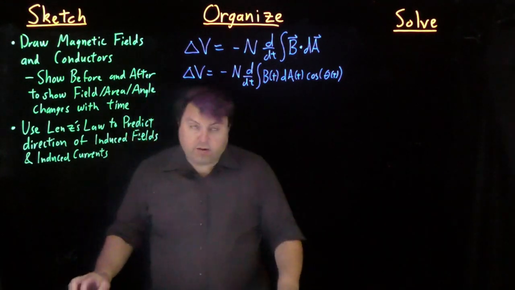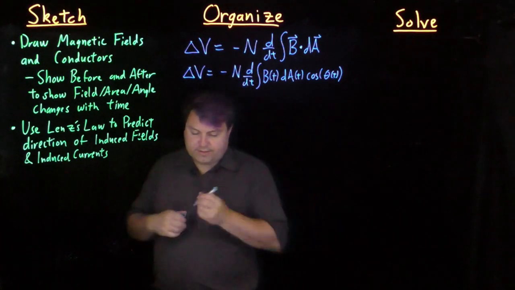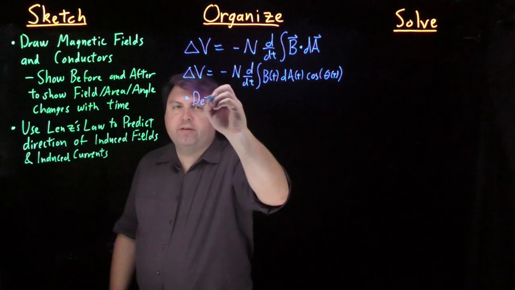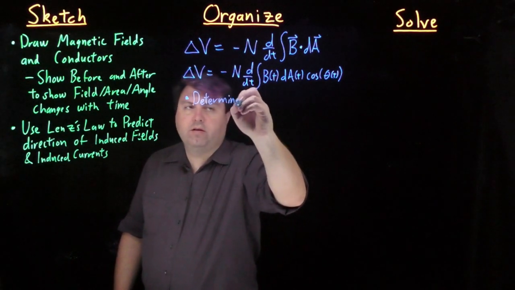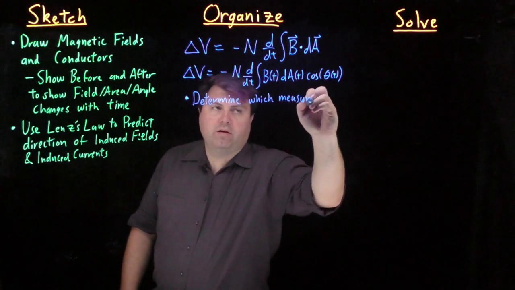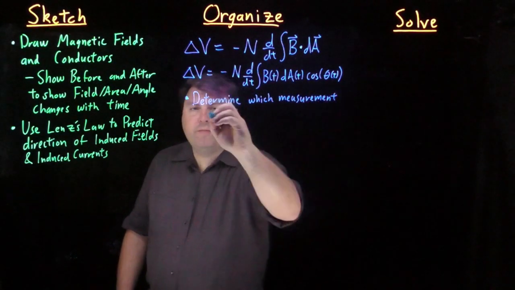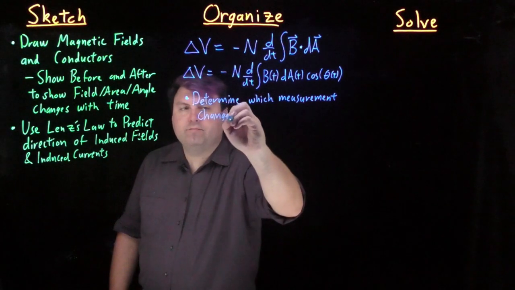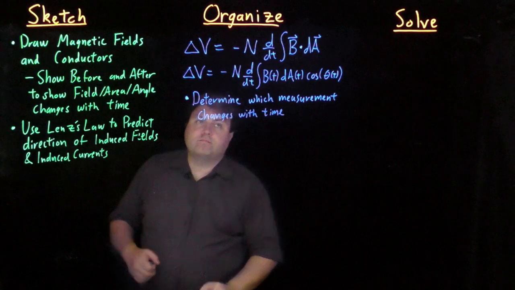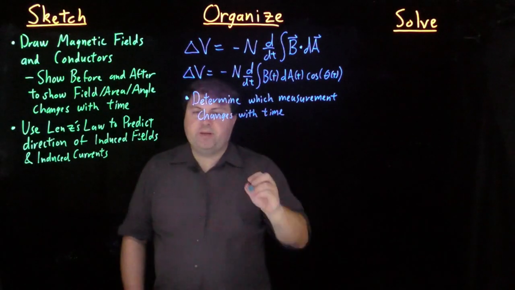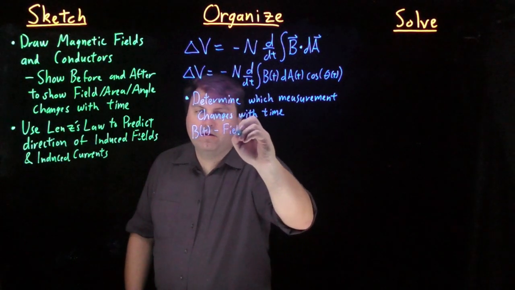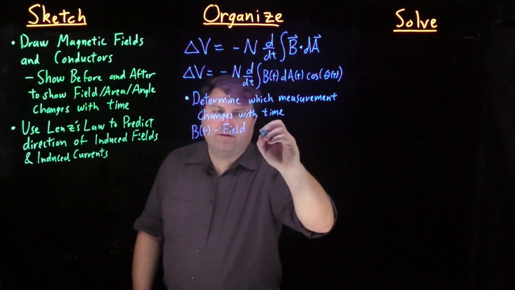So in our organized step, we now have this. And so as we were looking at this, we want to determine which measurement changes with time. So this could be B of t, the field.